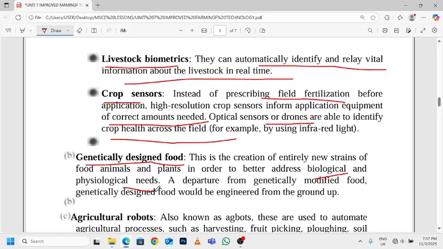So that the animals grow well, let's give an example of chickens. We give them food, maybe maize bran, or fish, or something else. But with genetically designed food, you find that it's a machine that automatically makes the reliable or relevant feed that is required for our animal production.